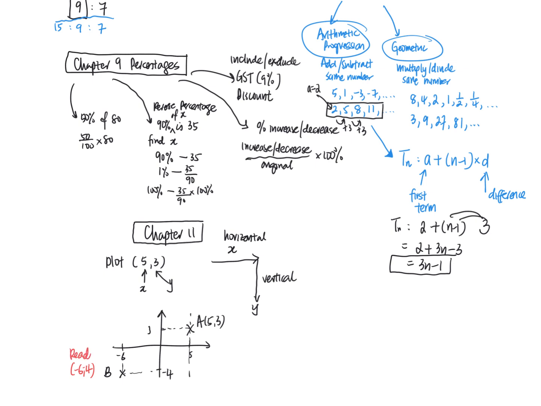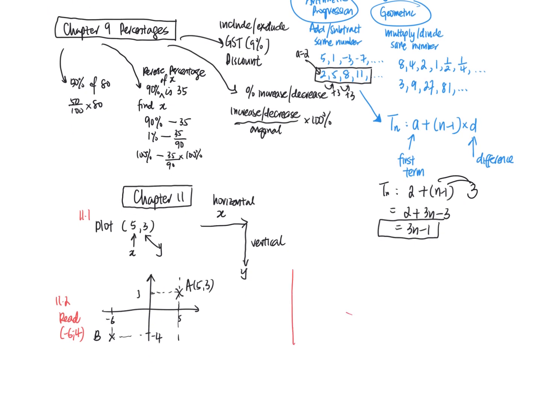That's 11.1 and 11.2. Okay, 11.3, you need to plot out the entire graph. Can you remember that the graph, this is called the x-intercept value. And this is called the y-intercept.